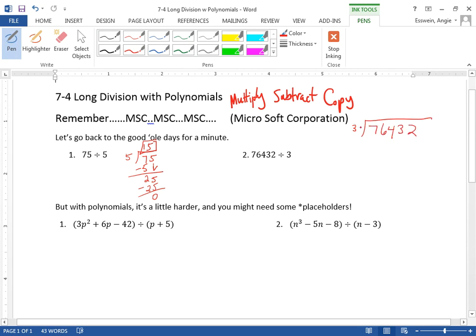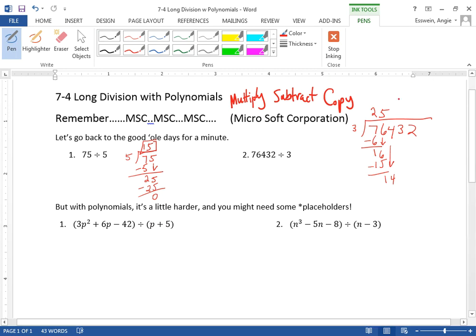So we'd say, okay, 3 into 7 twice is the most. 2 times 3 is 6. Subtract and copy. 5 is the most for 16. So we multiply 15, subtract, copy.